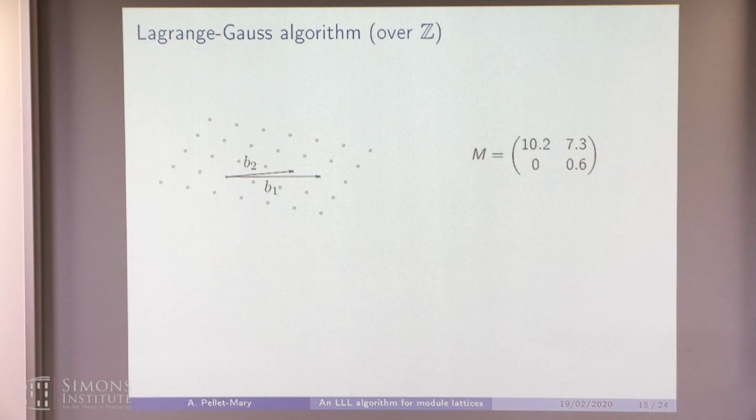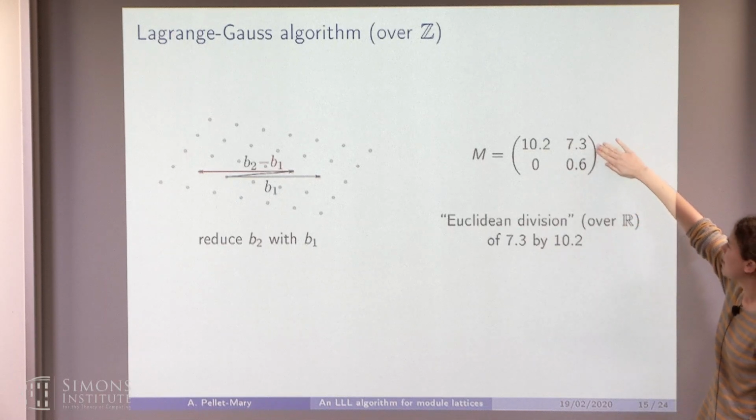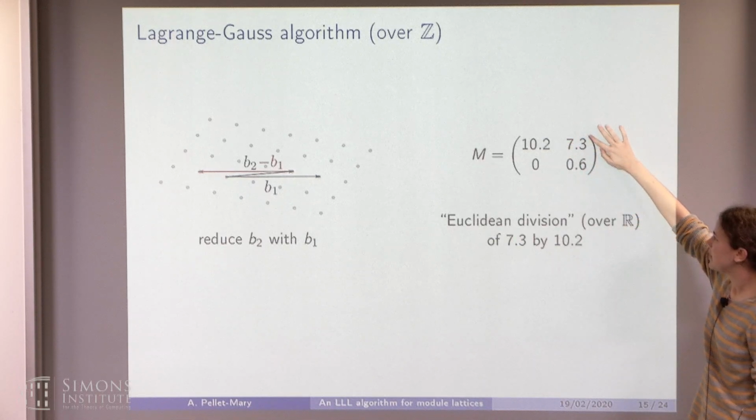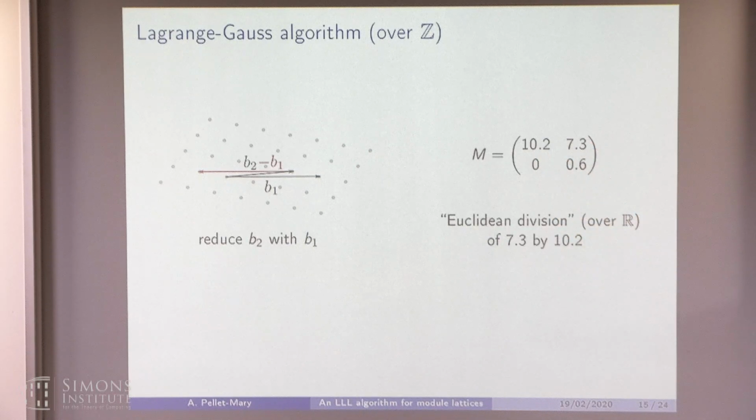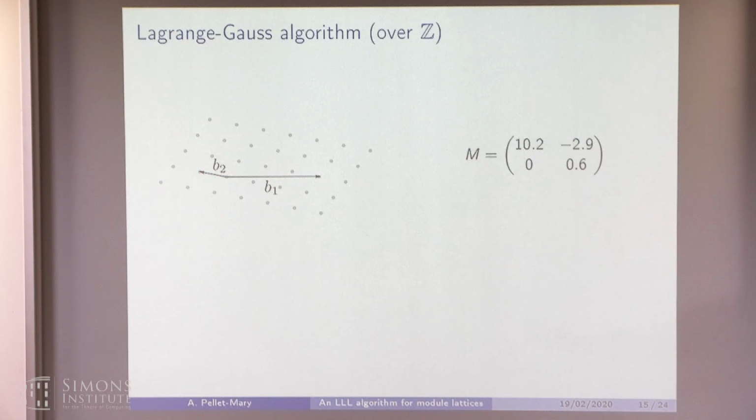Now B1 is horizontal, and next I'm going to reduce B2 by a multiple of B1 to make it as small as possible. Again, on the matrix side, it means that I perform a Euclidean division of this non-diagonal coefficient by this diagonal coefficient to make it smaller than 1/2. So I get a shorter B2, and now I swap the two vectors and start again.